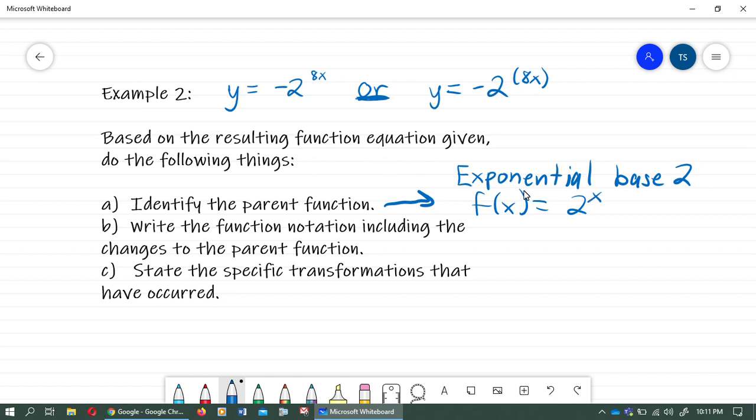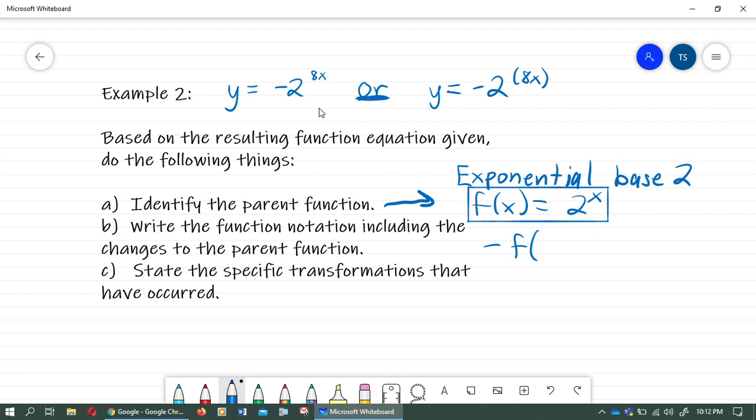Guys, when we look at the changes that are happening here, one change is happening because there's a negative on the outside of this function. There's a negative in front on the outside of this function, and we know that it's on the outside because it's not a part of the exponent.